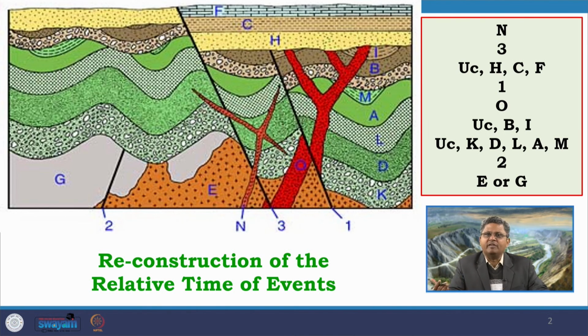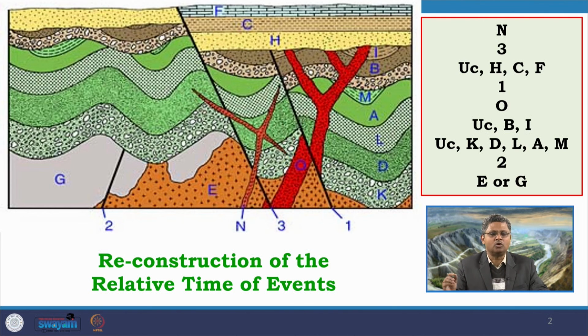So, so many events are there within this small section, one event after another, and each of them has its own significance and its own time interval. We can understand or reconstruct these time events with respect to each other, which we call the relative time, because here we are not determining the absolute or actual time.